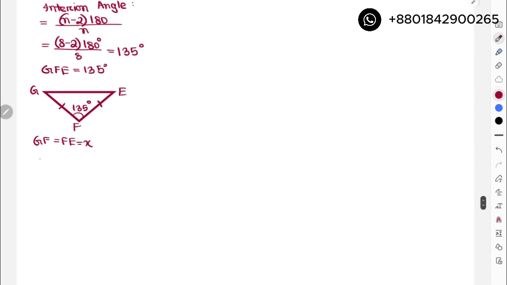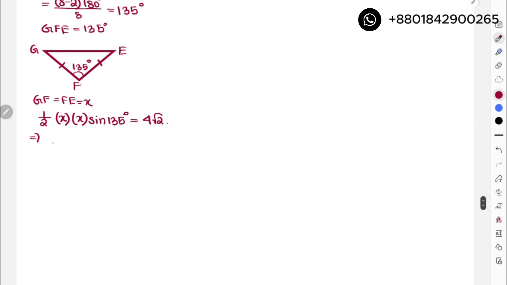In that reference, the area is how much? Half x squared sine 135 degrees, and that was given as 4 root 2. So using this, I can find the value for x squared, which is just going to be 4 root 2 multiplied with 2 divided by sine 135 degrees.